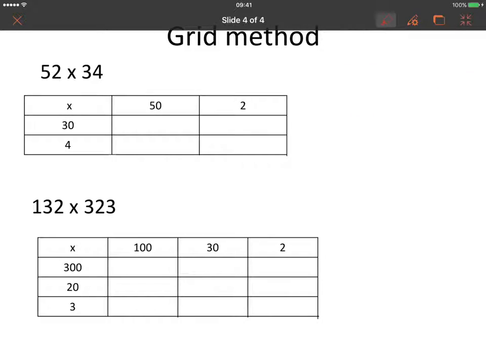All right, so for my grid method, in here I've got 52 and 34. So 52, I'm going to write it exactly as you hear it: 52 times by 34. Now I can go and do some multiplication.